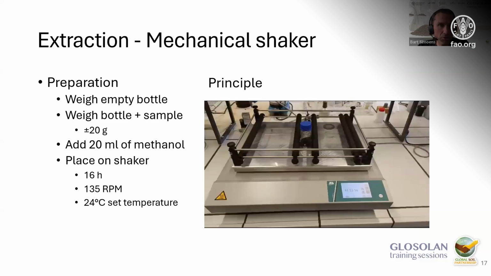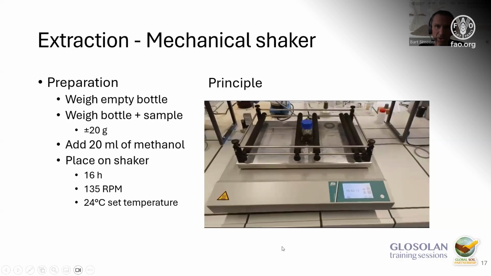The mechanical shaker is a lot easier. Basically, you just have to take one glass bottle, you weigh it empty, you fill it with more or less 20 grams of sample, and you determine the exact mass of the soil inside. We add, in this case, 20 milliliters of methanol, and then we place it on the shaker.